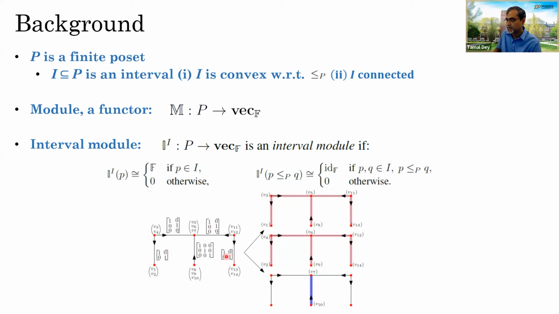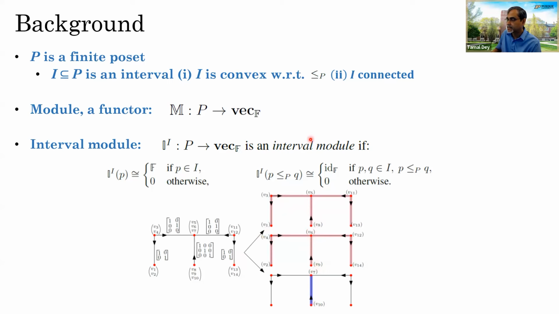It is known that such a module can be decomposed into indecomposables. Indecomposable modules are the ones which cannot be decomposed any further. In this case, for example, I have 3 indecomposable modules, the 2 red ones and here is a blue one.